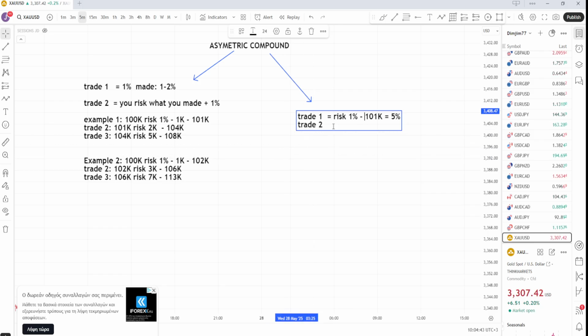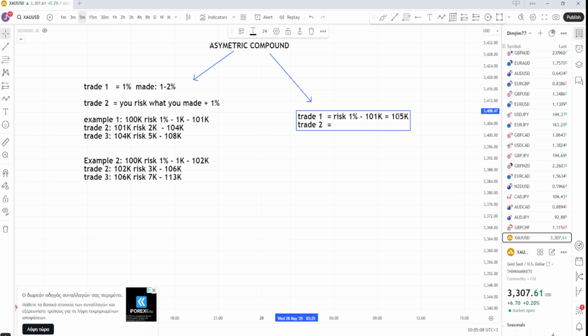Trade 2, so we made here, let's say 105k. We don't risk 1%. I'm just giving you the numbers. Second trade, we either split it by 3, so we risk 1,500, or we split it by 2.